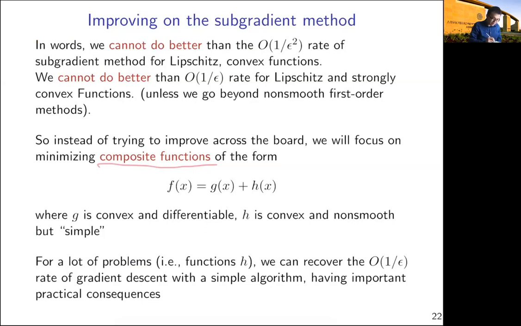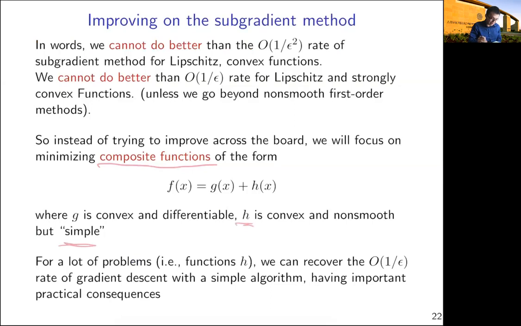We consider the family of problems called composite functions, where f decomposes to g(x) plus h(x), where g(x) is a smooth, differentiable function, and h(x) is a convex but possibly non-smooth function. So when is this family of problems easier to solve than the generic non-smooth function? This happens when h is somewhat simple.